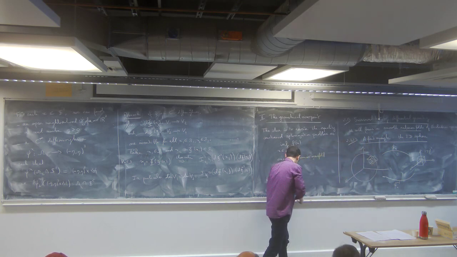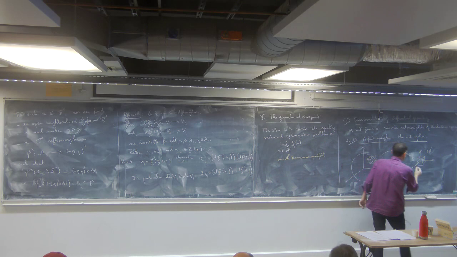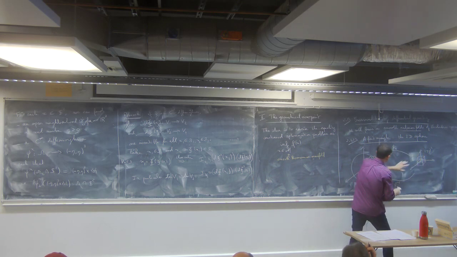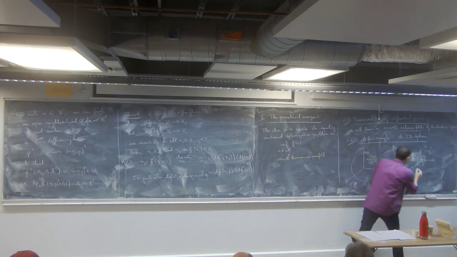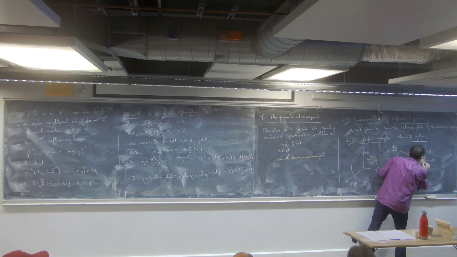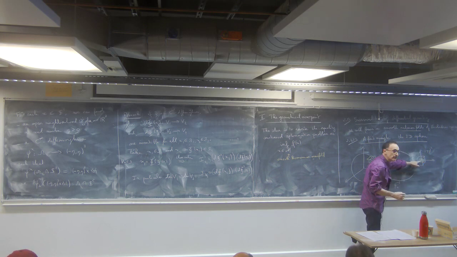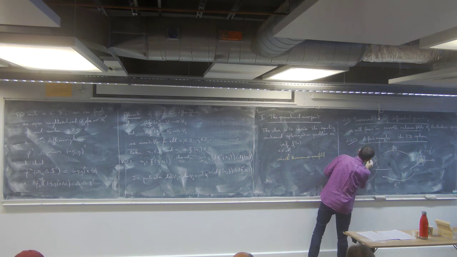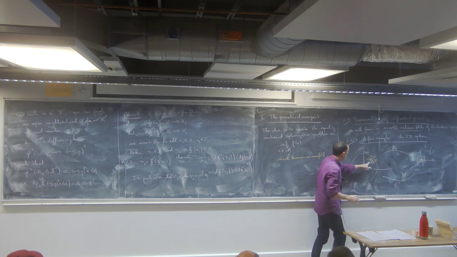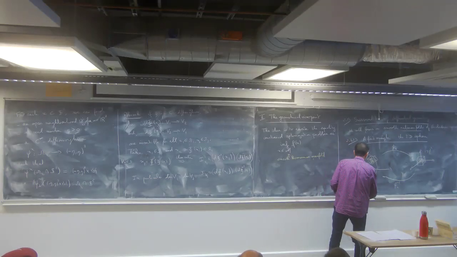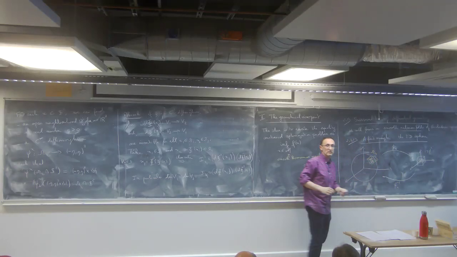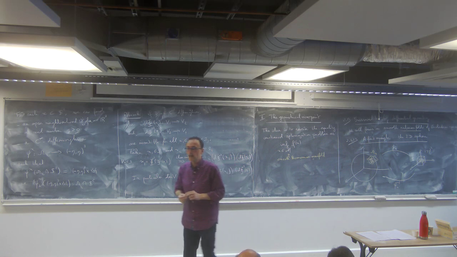The cube maps to the cube, but if you just apply psi x minus 1 to this square, you get the intersection of this omega x here with the sphere. Okay? Right?